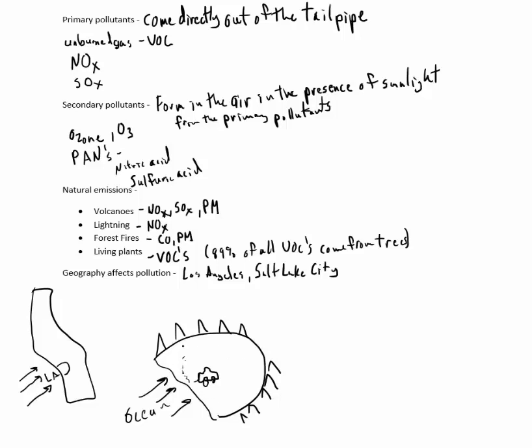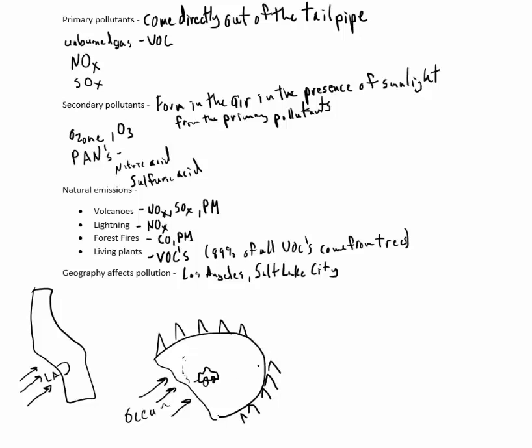So the pollution or the smog in Los Angeles is particularly bad because we have a lot of automobiles and we also have these mountains. That's different than where the DFW Metroplex where we live is. We do have lots of cars.